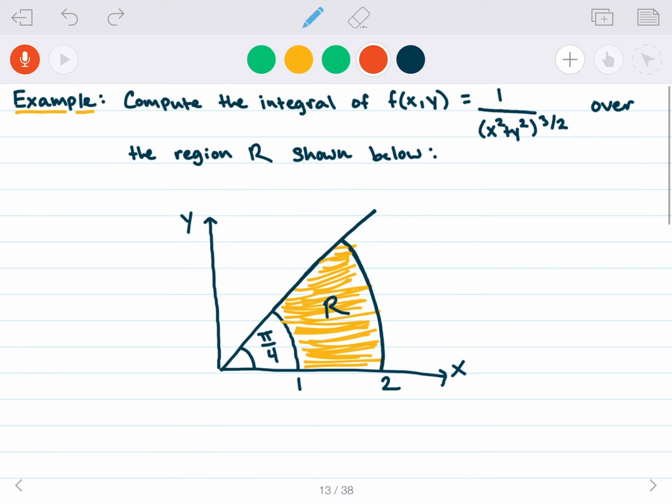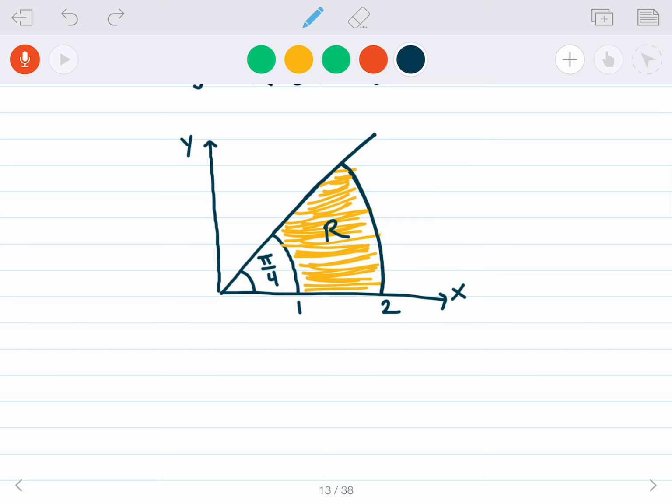Okay, so I'm trying to find the integral over this region, so I have a double integral. And maybe this region isn't too bad because it tells me my radius, so the starting radius of the region is 1, right? That's the circle with radius 1, and then it goes up to a circle with radius 2. So I'm going from r equals 1 to r equals 2. And how about theta?